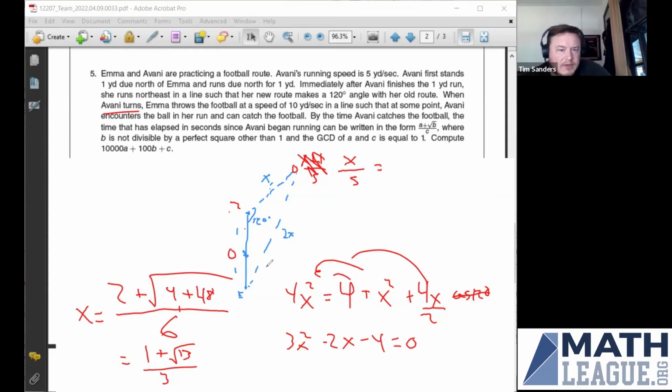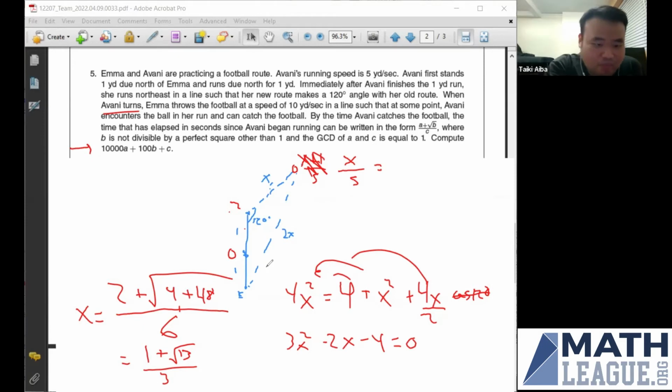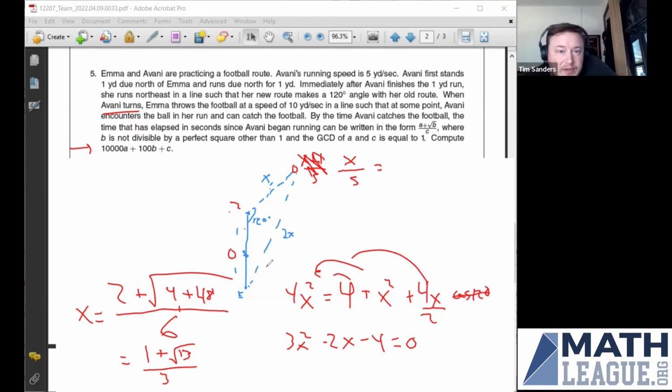What does that give us for a final answer then? Looks like we have to convert it using this formula. Well, that's the distance, so you have to convert it to seconds. Oh, right, x was the distance. Good catch, no pun intended. What we've got is the time since Avani began running.